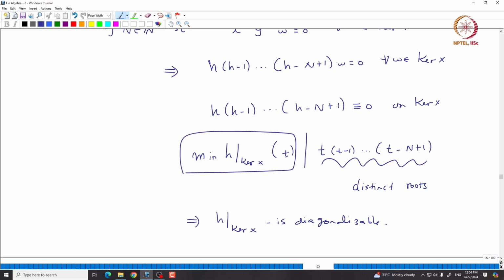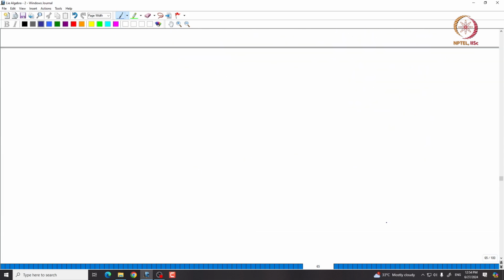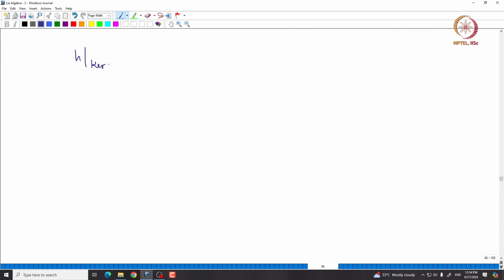So, now if you are interested in finding these copies of V of m, it is easy to do. So, since h restricted to kernel x is diagonalizable, we can actually take the eigenbasis. So, let us call it v1 etc., v r.